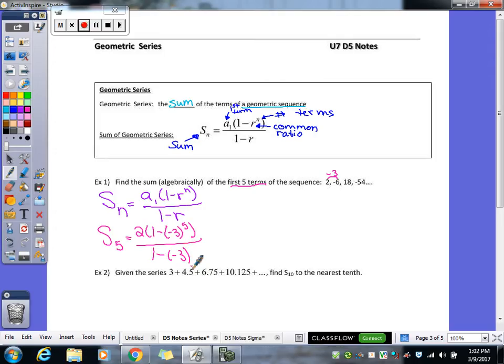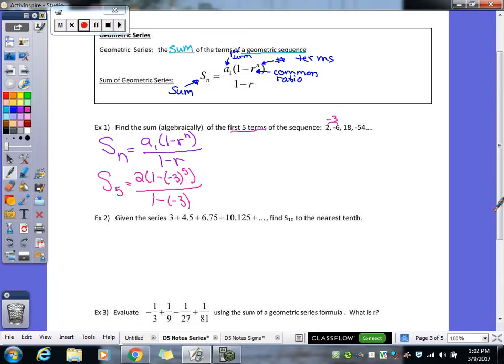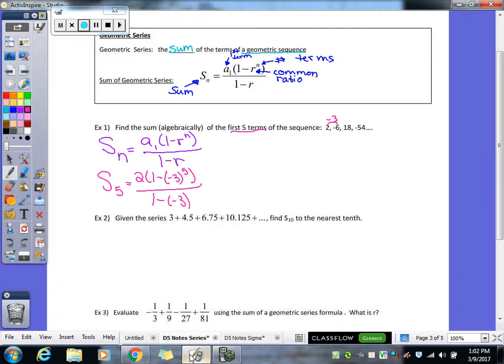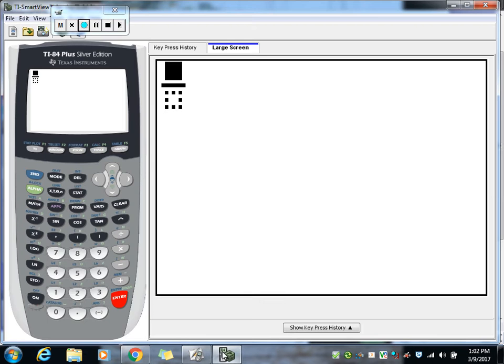So then we want to plug this into our calculator. Now when you're doing this in your calculator, I strongly recommend using your fraction key. So your alpha, y equals, and then your choice 1 to give you that fraction. So again, we had written 2 parentheses 1 minus parentheses negative 3 to the 5th.